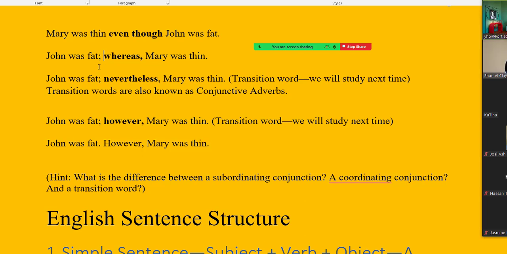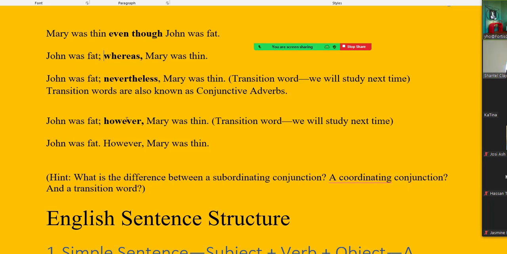So a semicolon is a shortcut for "and." Okay, so you're just not repeating the word "and" all throughout. Correct. And don't ask me how that happened. You're going to have to look that up in the history of the English language as to why a semicolon equals "and."